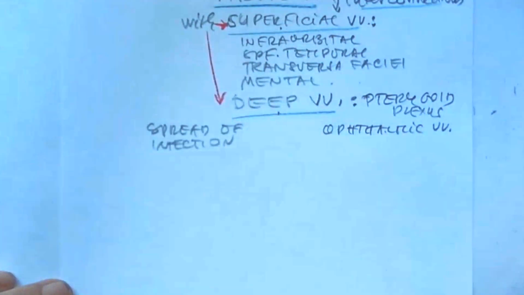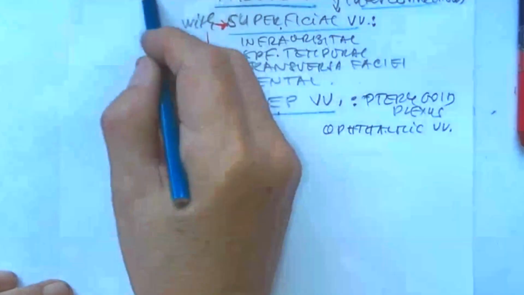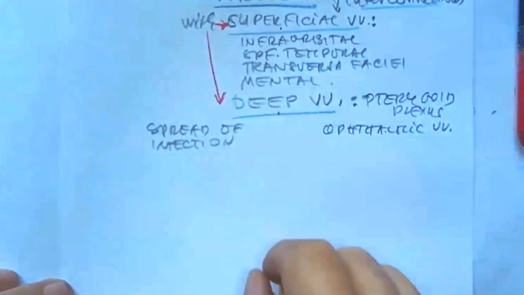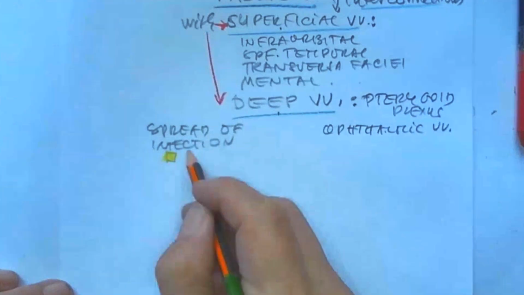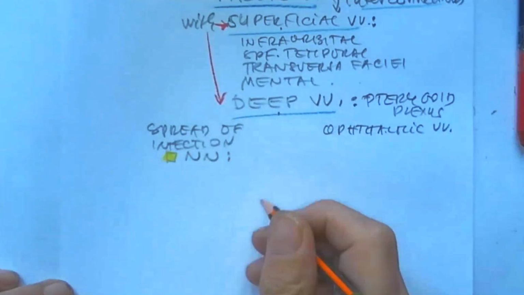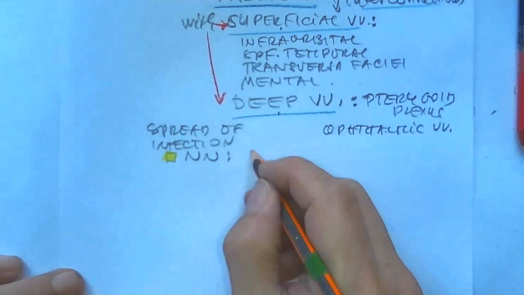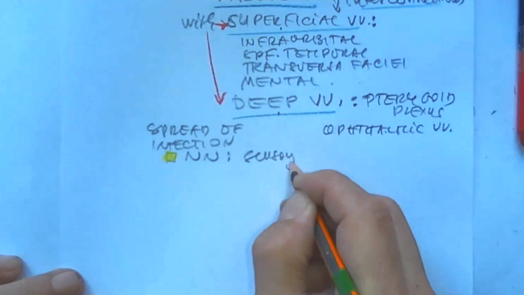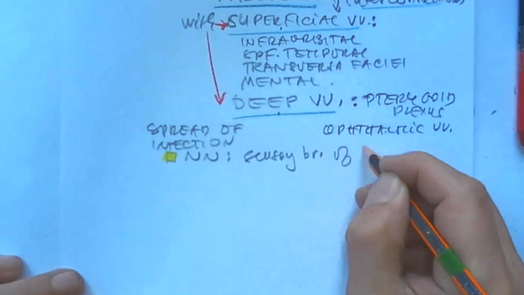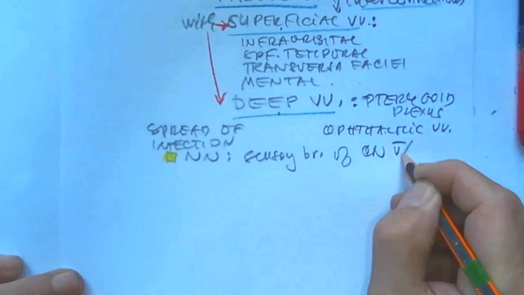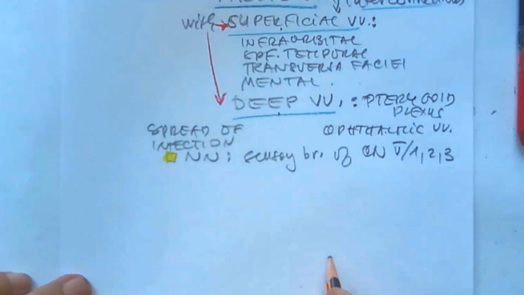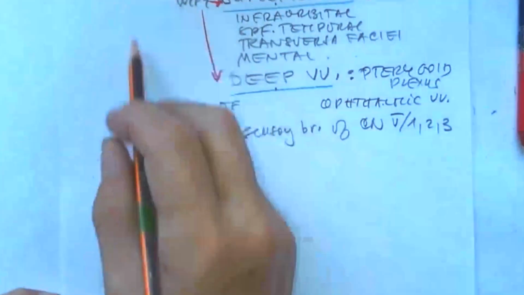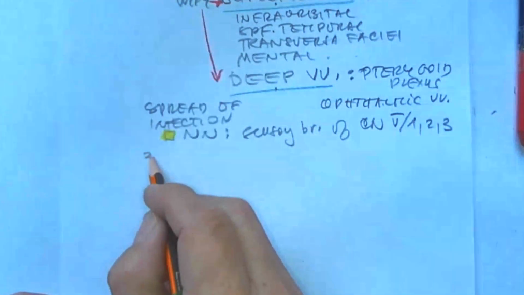Subcutis: superficial veins, yes, and also the nerves are found in the subcutis, superficial nerves, and the nerves are sensory branches of cranial nerve number 5/1 to 3, depending where we are, and then follows number 2, number 3.